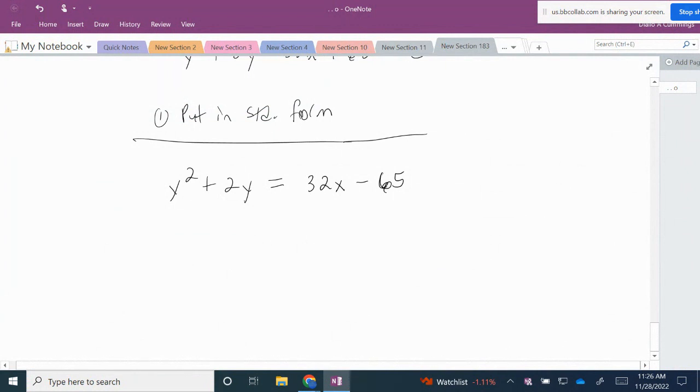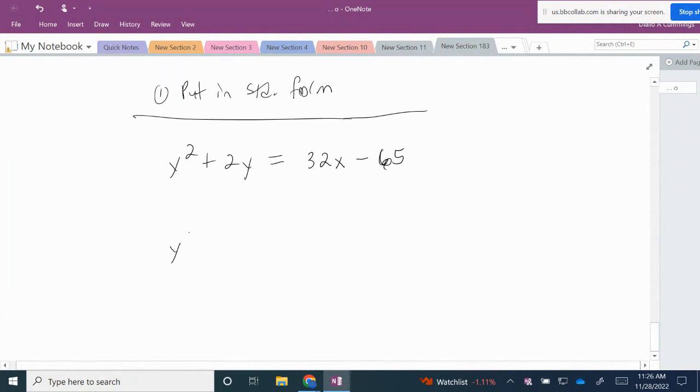So now I have y squared and my y variable isolated. Remember, whatever you do to one side, you do to the other side. When I complete the square, I'm going to add some quantity to the left-hand side, and I must also add that same quantity to the right-hand side. To complete the square, we take half of the coefficient of our middle term. The coefficient of our middle term is 2.